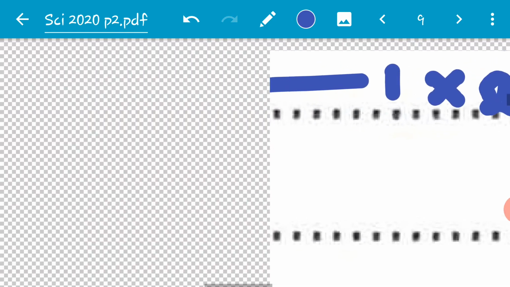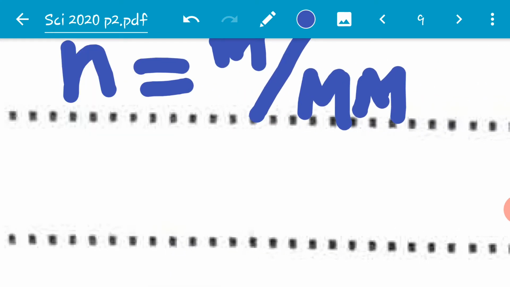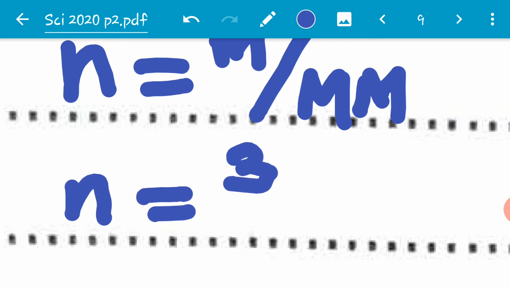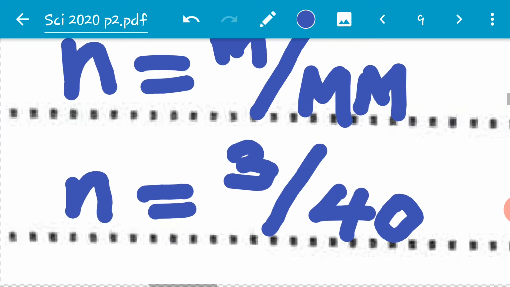So we can now substitute the molar mass into the formula. So we have N is equal to the physical mass, which is 3, divided by 40. So 3 divided by 40 gives us 0.075 moles.